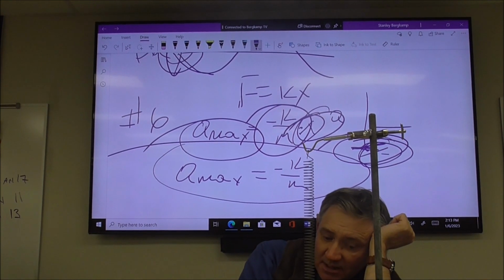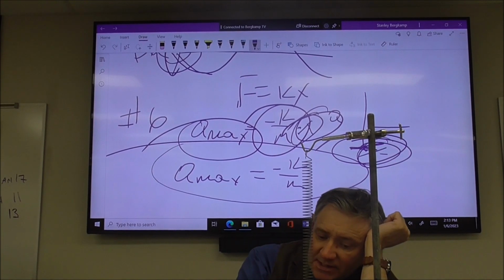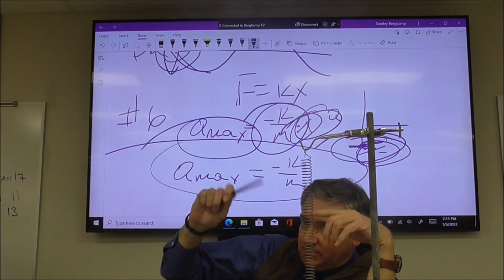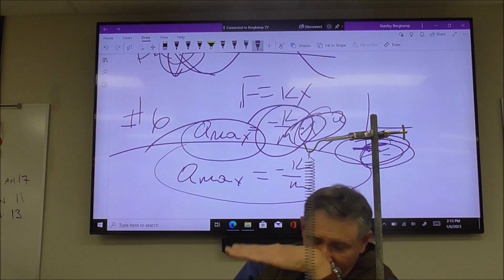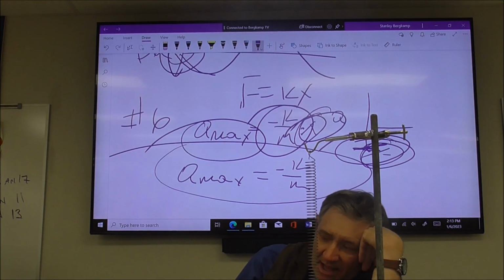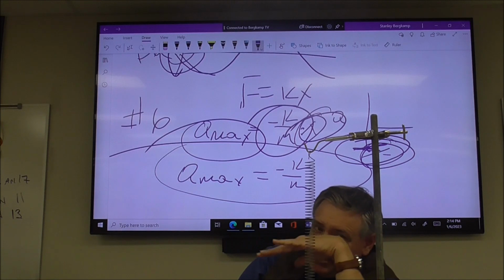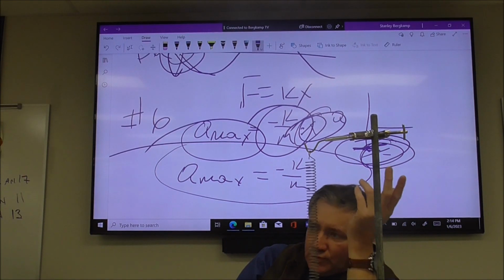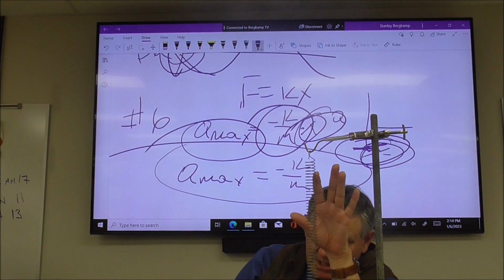You know your mass, and for your amplitude you can just use 0.05 meters. If you didn't write down your amplitude from yesterday, just use 0.05 meters, so that everybody is consistent. The answer to number 6 is going to change greatly depending upon your k value, but typically it's around -2.